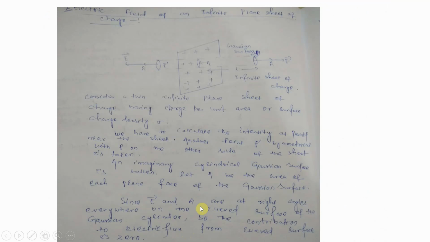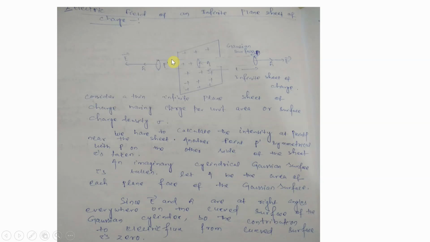Next, we have to discuss some applications of Gauss law. First, the electric field of an infinite plane sheet of charge. Suppose there is a positively charged infinite plane sheet. We have to calculate the electric field intensity due to this infinite plane sheet of charge by applying Gauss law.